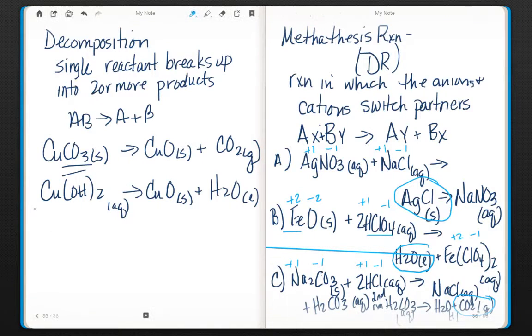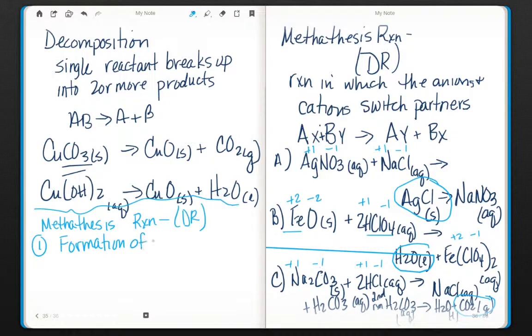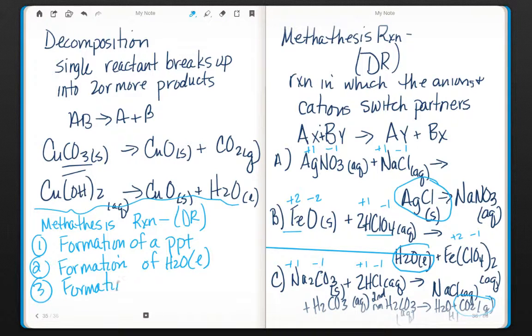Which brings me to 3 important conclusions about this. In a metathesis reaction, or double replacement, we look for 3 things. We look for the formation of a precipitate, PPT is precipitate, formation of water, or the formation of a gas.